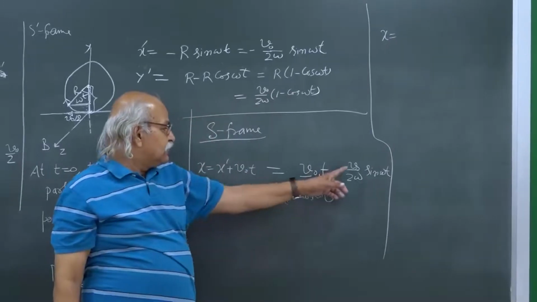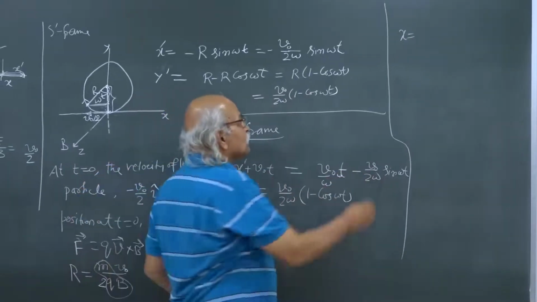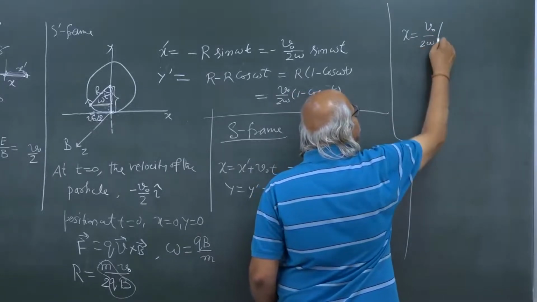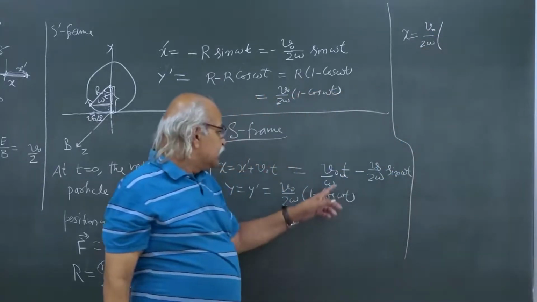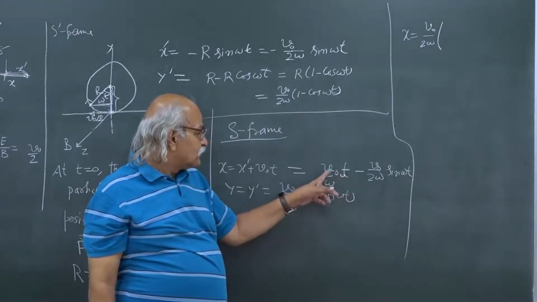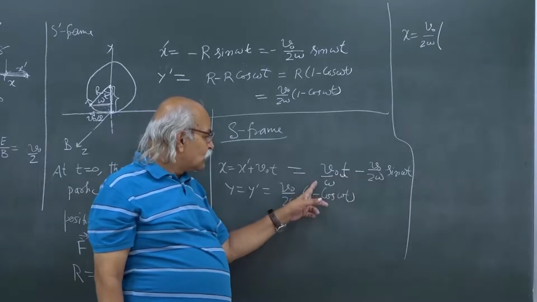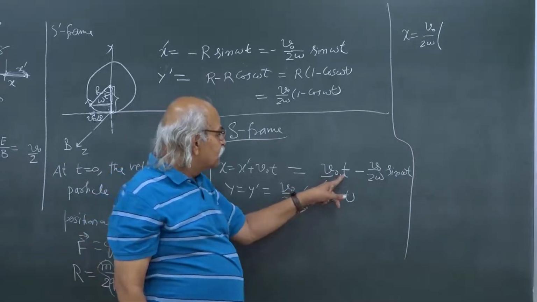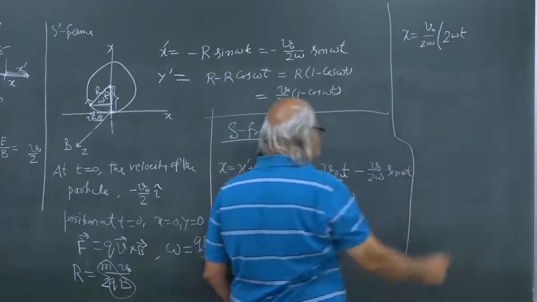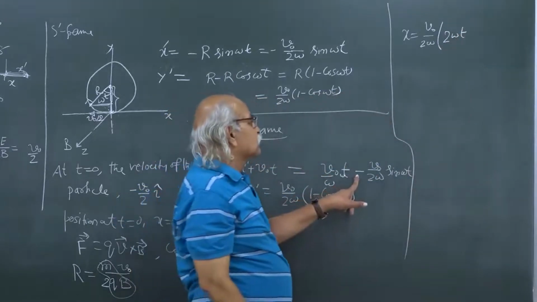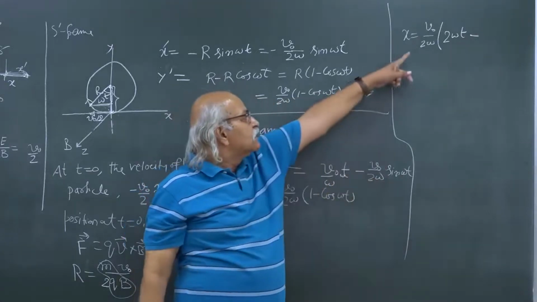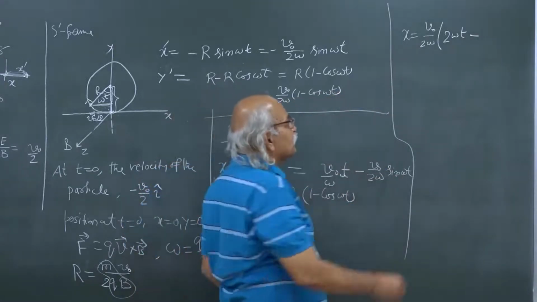Finally, we take v naught by 2 omega common, and then here it will be 2 times omega t, then minus sin omega t.